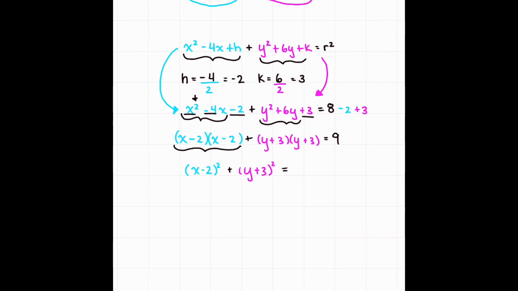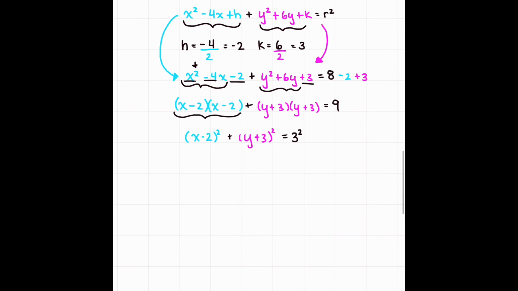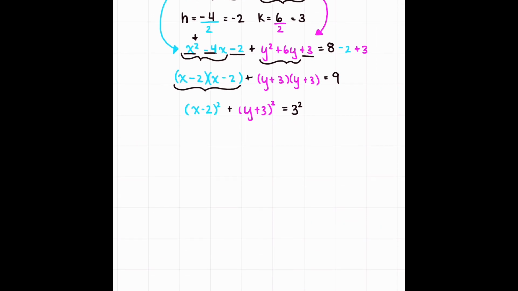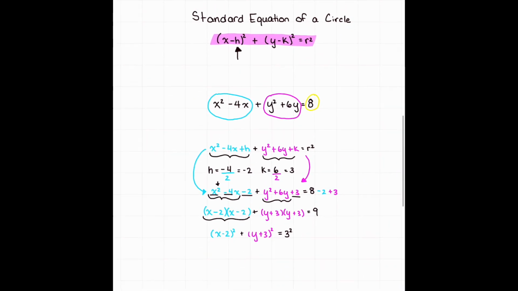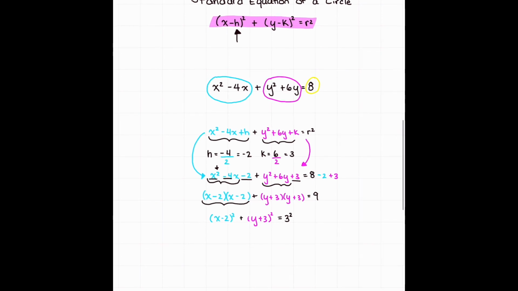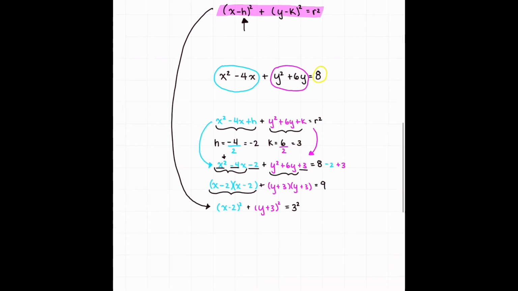But we can simplify that as well, and that would be 3 squared. Now if we look at our original standard equation of a circle, it looks much like the answer we have here. So what does this tell us?